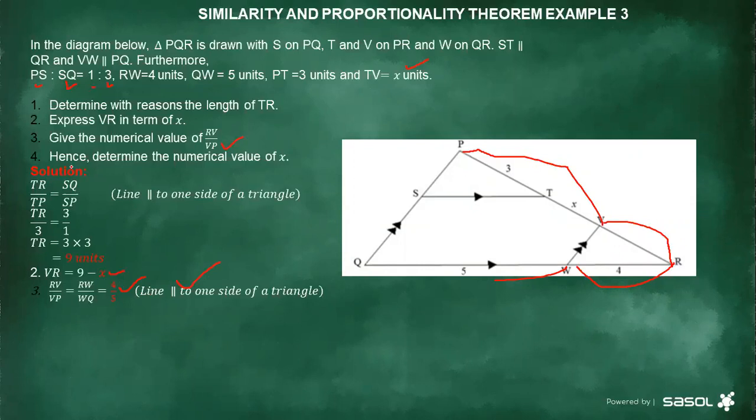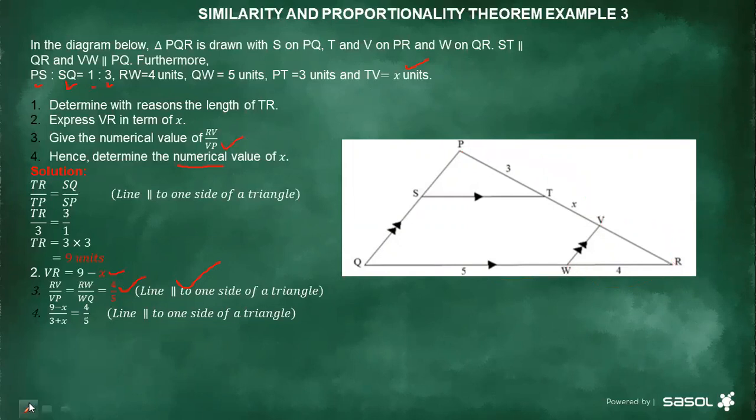Now the last question says, hence determine the numerical value of X. We want to know what is the actual length for X. We don't want to see that X anymore. Let's see how we do that. Now first, we are going to say 9 minus X. Why 9 minus X? Remember, for V, let me first erase these lines.